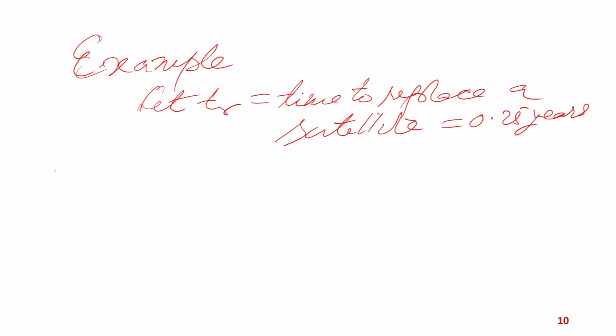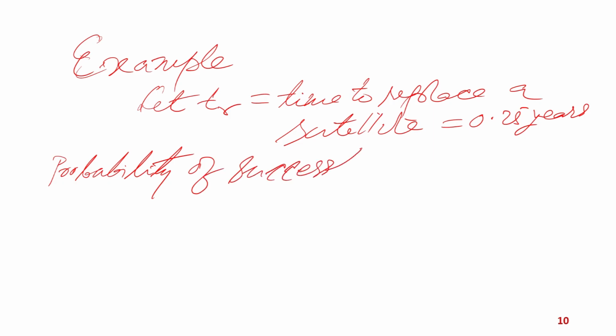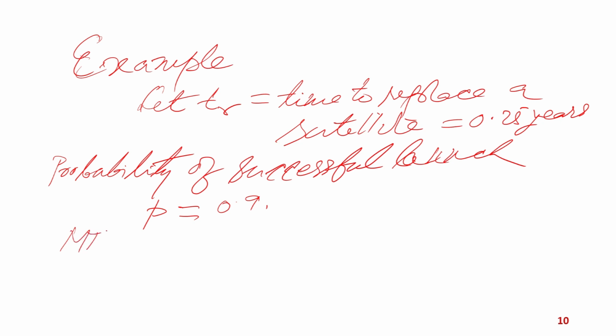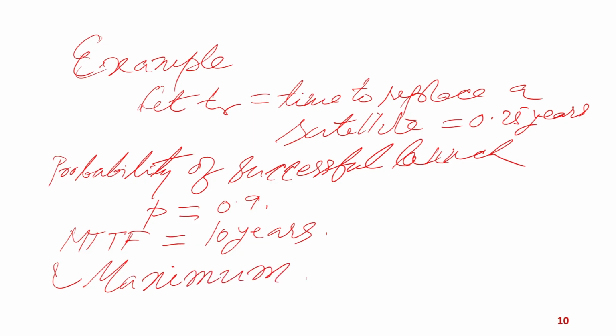The probability of successful launch P is 0.9, the mean time to failure MTTF is 10 years, and the maximum life u is 5 years.